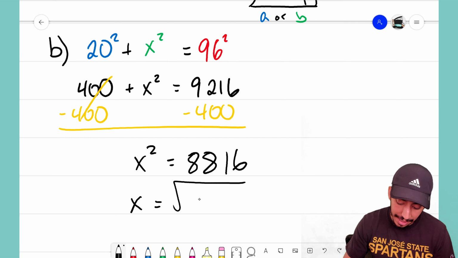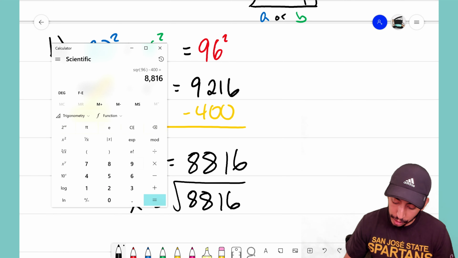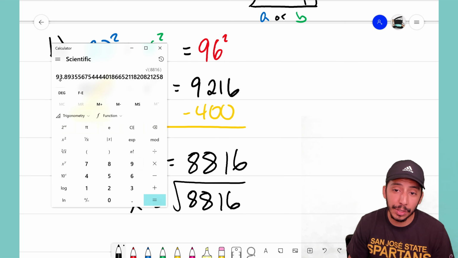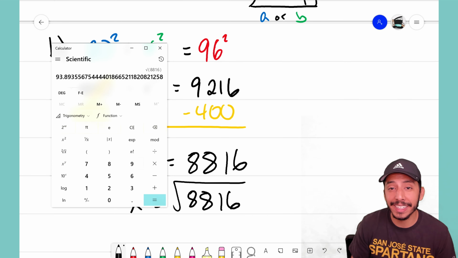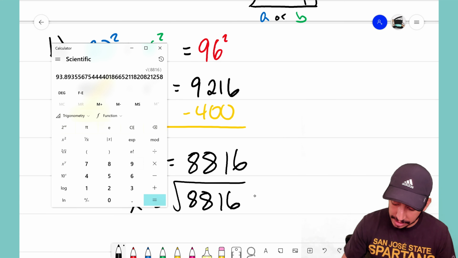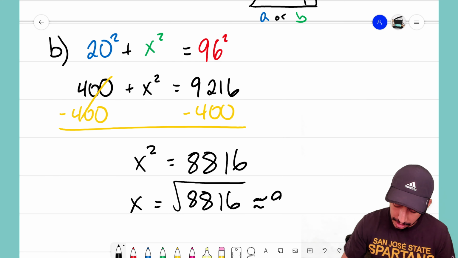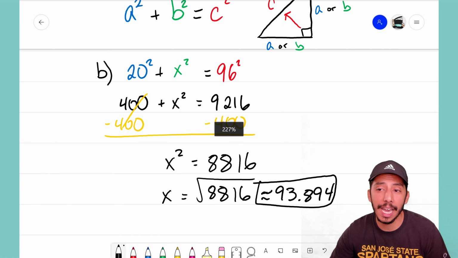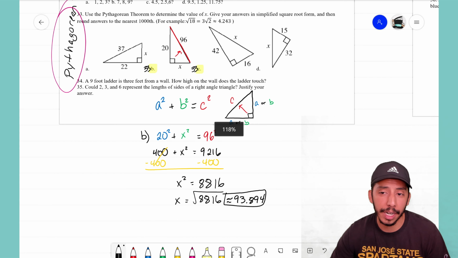So to get that, I need to square root that right side. And the square root of 8816, again, I don't know that. Yep, looks like it would give us a decimal. It looks like it's 93.894. That is the unknown side of our right triangle.